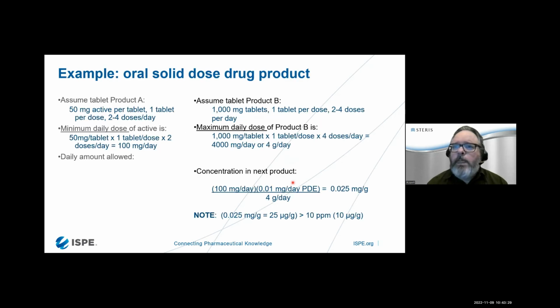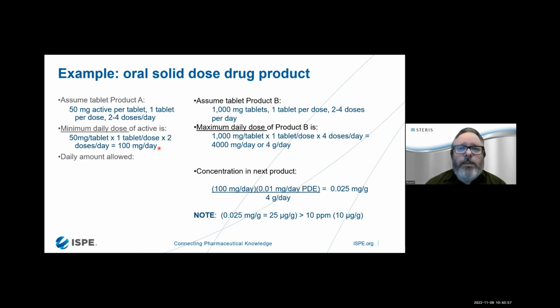And just a quick example here, we have product A. We want to be thinking about the minimum daily dose of product A. In this case, it's a tablet manufacturing. So we're going through the tablet, in this case 50 mcg tablet, and the number of tablets that can be taken per day.